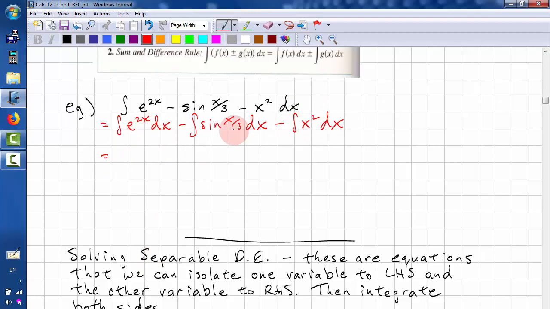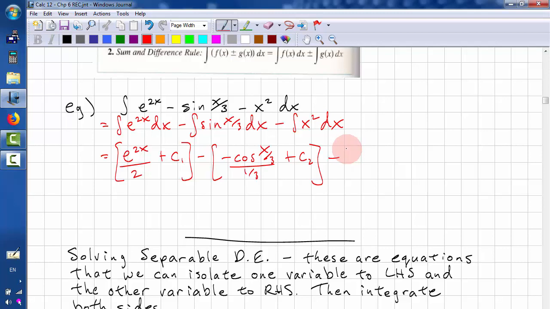Now we just integrate each one. So this is e to the 2x over 2, and technically we have a constant term here, minus negative cos x over 1/3 plus c2, minus x cubed over 3 plus c3.